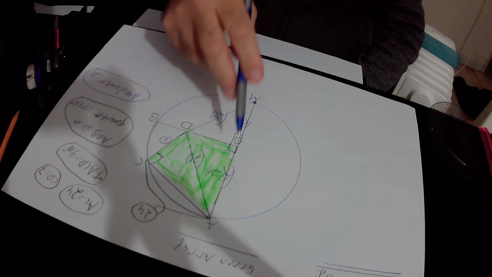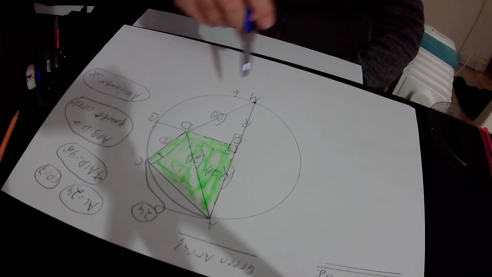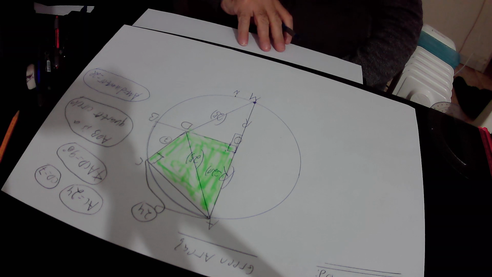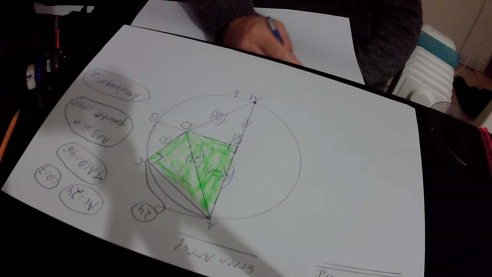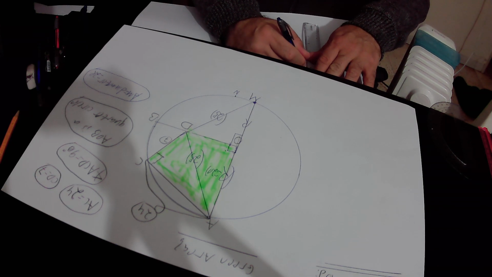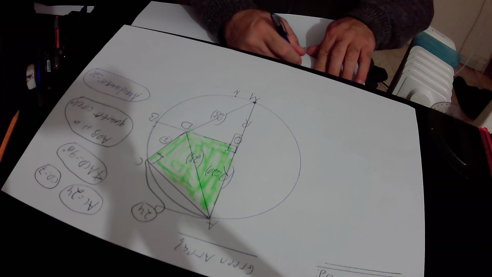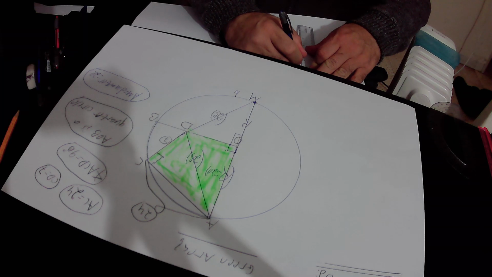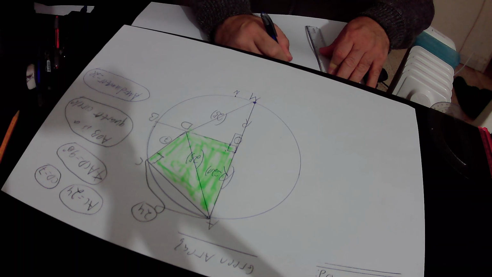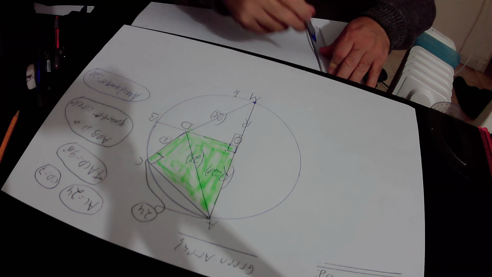In the next step, I will copy the right triangle AOD. On this page, we will find the missing side OD of this right triangle by applying the Pythagoras theorem. The hypotenuse AD equals 25, and AO is the radius, that is 20.